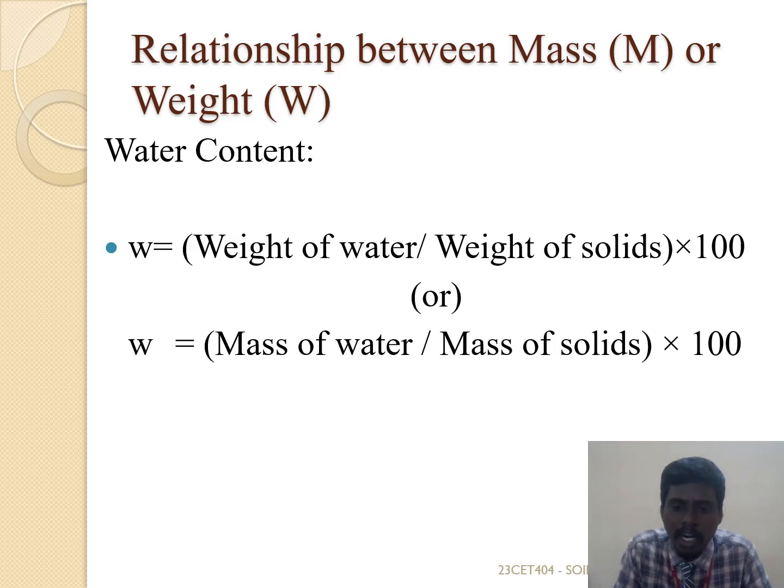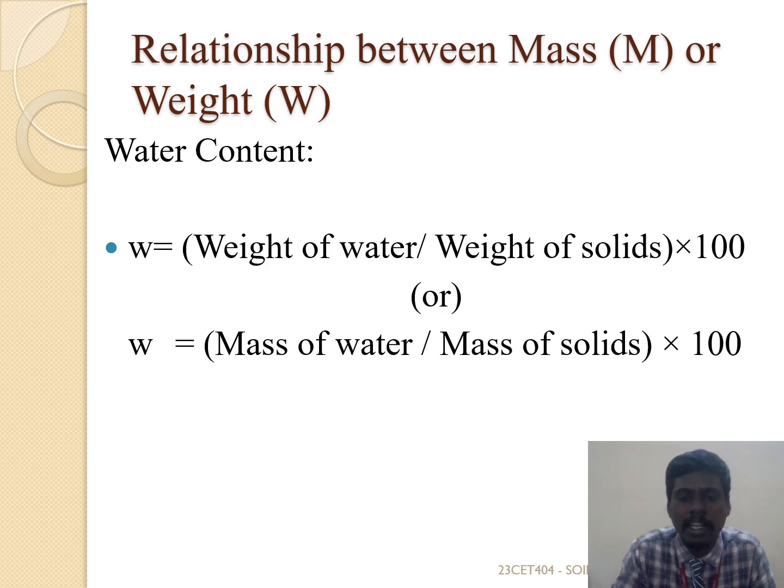Normally the water content is denoted as a small w. It is equal to the weight of water present in soil to the weight of solids. This ratio is called the water content. Otherwise, it can be represented as the ratio of mass of water present in soil to the mass of solids. It is always expressed as a percentage.